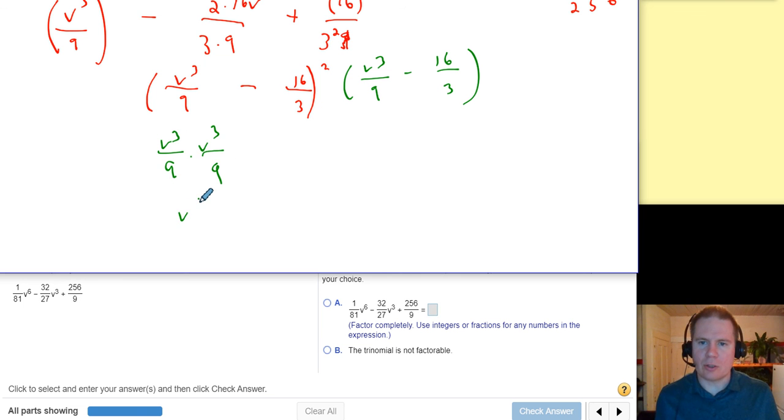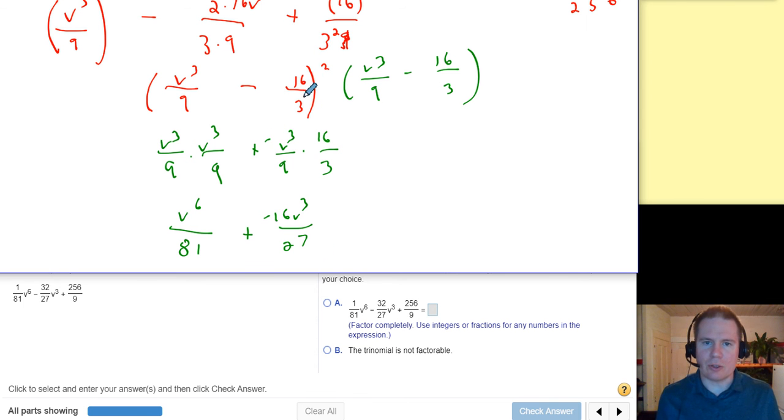That's v to the 6th over 9 times 9, 81. Check. V cubed over 9 times 16 thirds. 9 times 3 is 27. But it's not plus, it's negative 16, so that's negative.